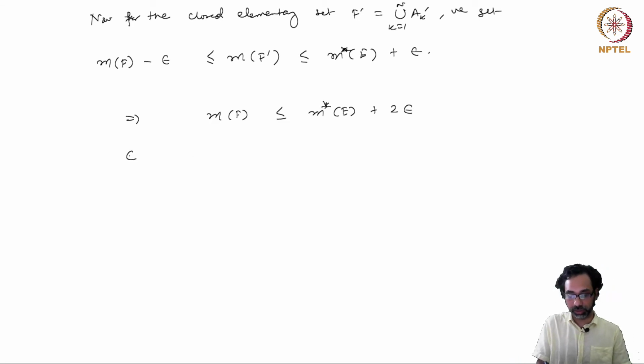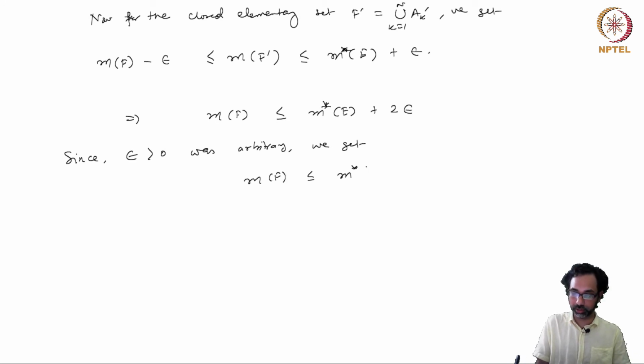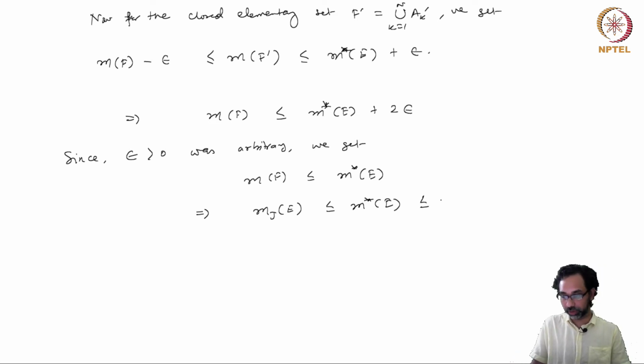But since epsilon was arbitrary, we get MF is less than or equal to M star E, and finally this implies that the inner Jordan measure is bounded above by M star E, which is bounded above by the outer Jordan measure.